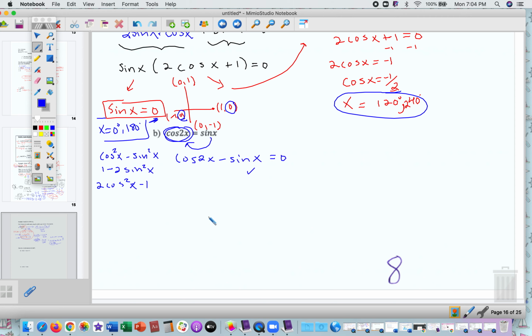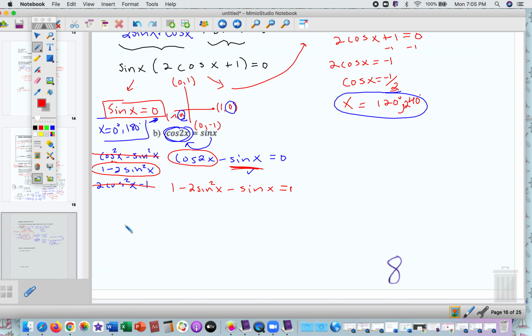So if I'm keeping sine x and I want to replace cos 2x with something, I'm going to want to find something with sine in it. So I'm not going to use the last one because that's 2 cos minus 1. I'm going to use the center one because that only has sine. So I'm going to replace cos 2x with 1 minus 2 sine squared x minus sine x equals 0.